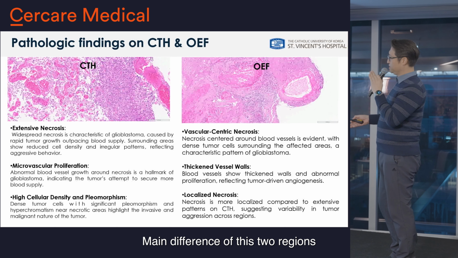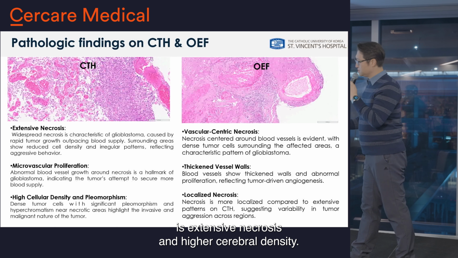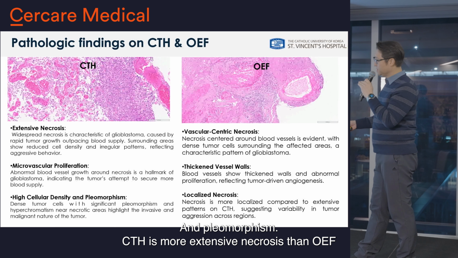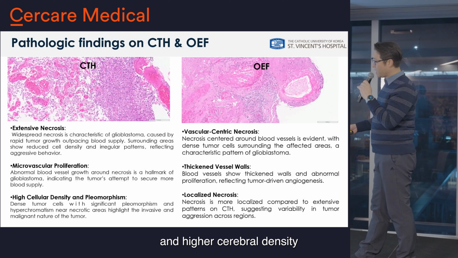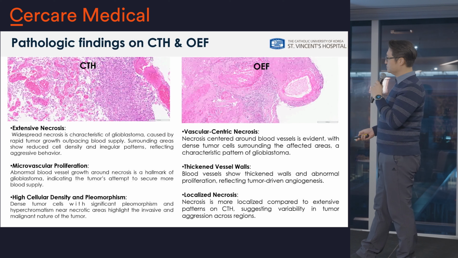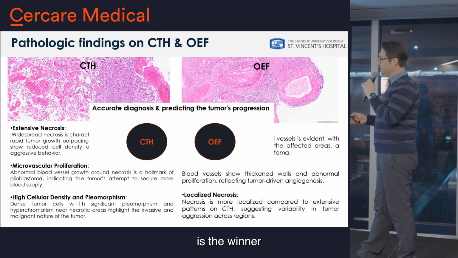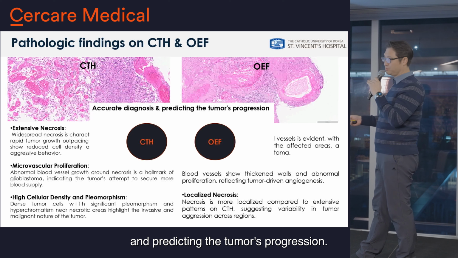The main difference of these two regions is extensive necrosis and higher cellular density and pleomorphism. CTH has more extensive necrosis than OEF and higher cellular density and pleomorphism than OEF. So I think CTH is the winner for accurate diagnosis and predicting the tumor's progression.